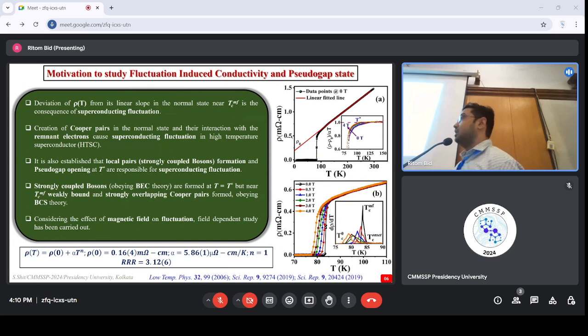That is why, at a certain temperature T star in this plot, the fluctuation is there, and effectively the conductivity increases before the Tc onset.